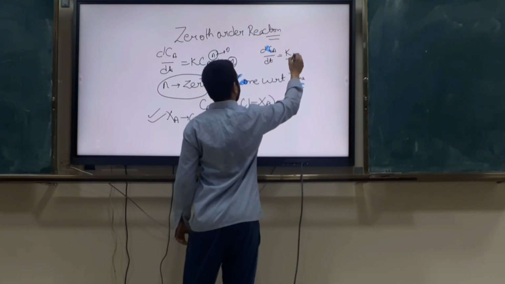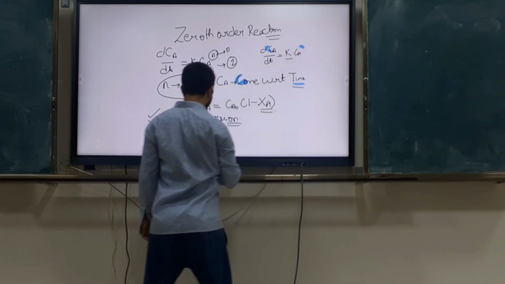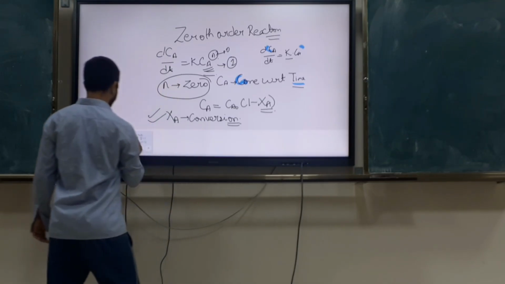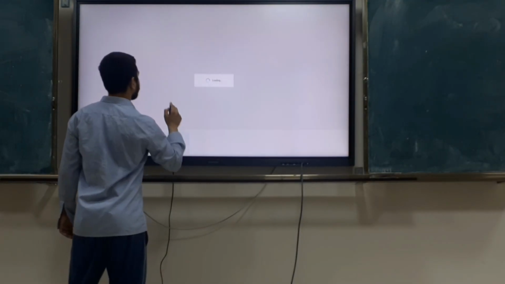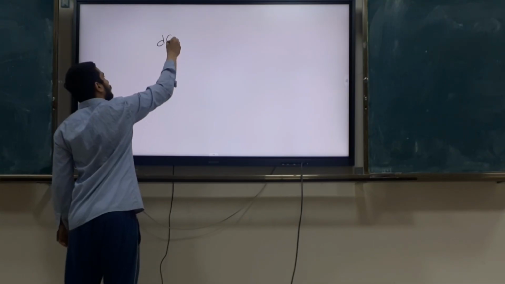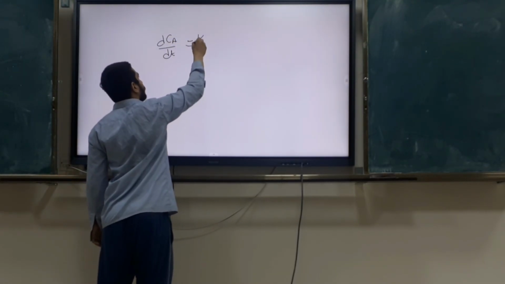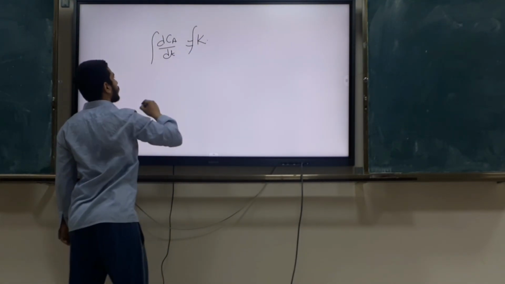So dCA by dt is equal to K, Ca to the power of 0, or it is independent of concentration. So dCA by dt is equal to K.